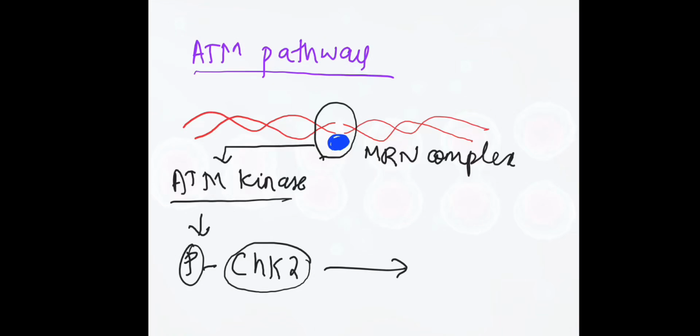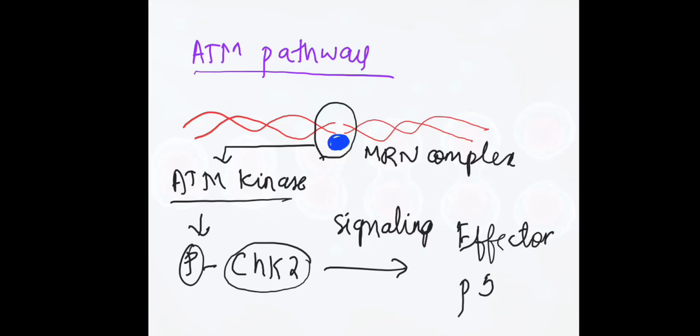So now comes the effector. The effector in this ATM pathway is P53. The DDR mediated cellular outcome may be cell death by apoptosis or checkpoint arrest. So in the ATM pathway, there is checkpoint arrest.